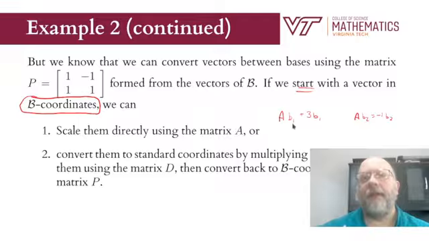And A times any linear combination of B1, B2. So let's say X, Y in the B bases. That's just, first column gets scaled by X, so that's going to be 3 times X times B1.